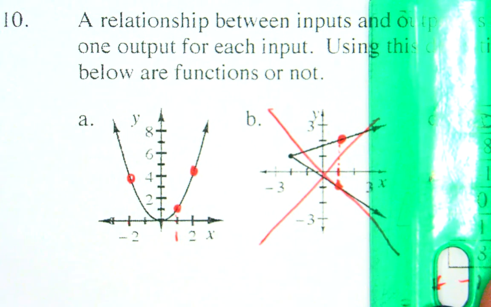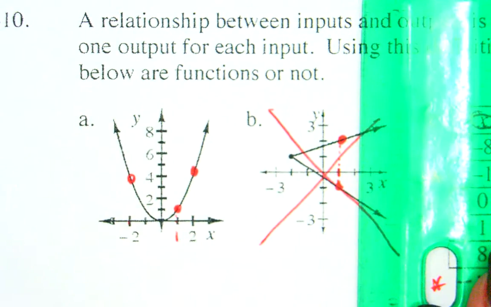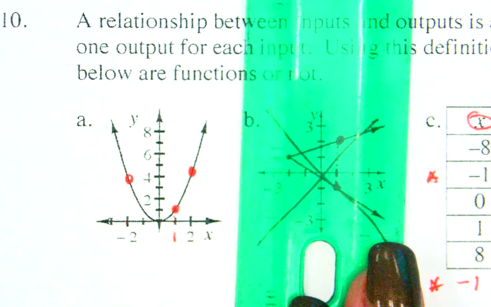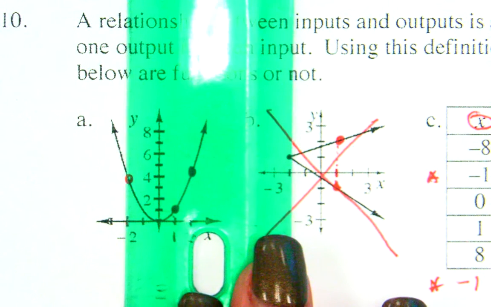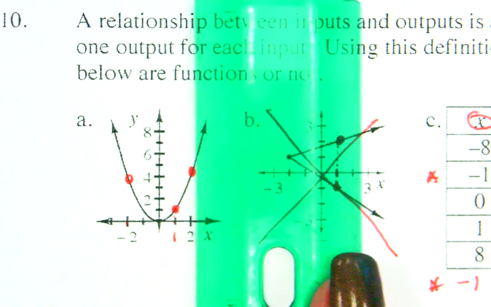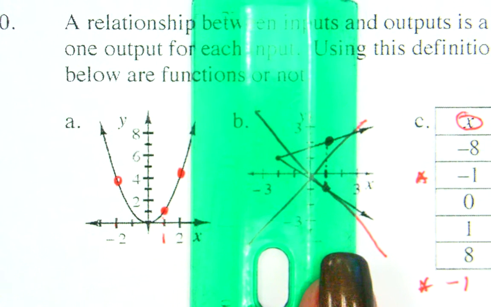I'm really hitting the graph 2 times with this line going across. But for a parabola, I'm really hitting it just one time. So that does make it a function because for every single input we only have one output, or one Y value, I should say.